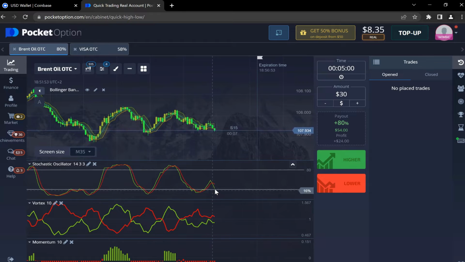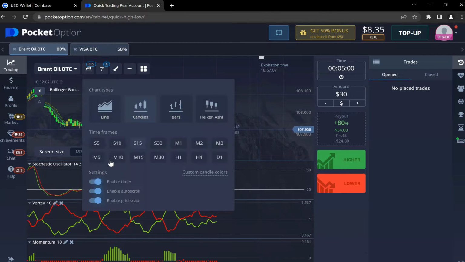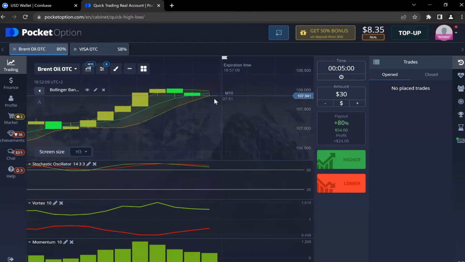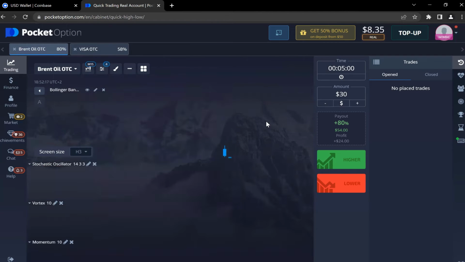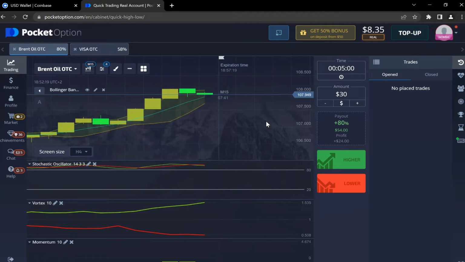I like to set it up on the 15-second chart when price is either down here or up here. And so it looks like price is going up. This is a gap. See, this line is up here. Boom, that's one confirmation. Let's see what it's looking like on the 15.